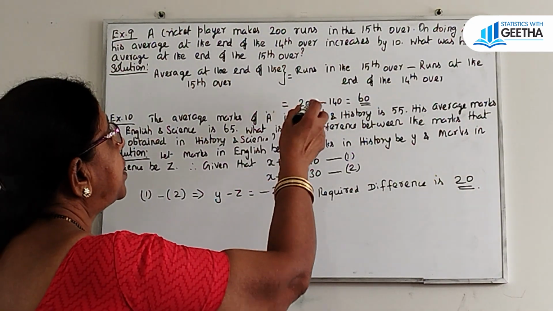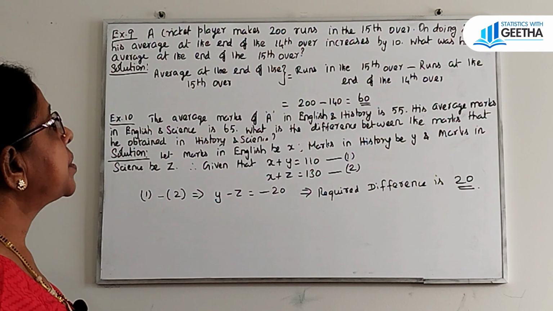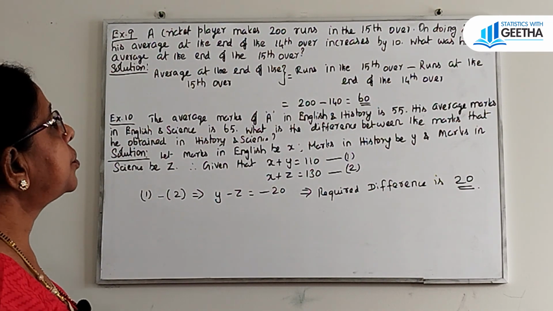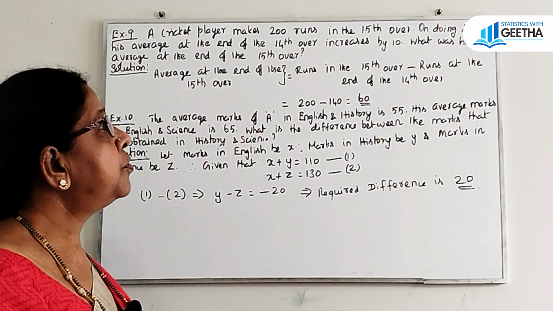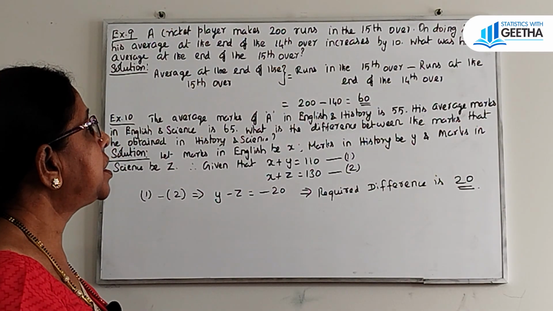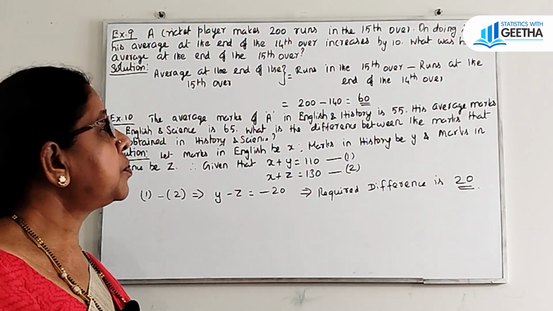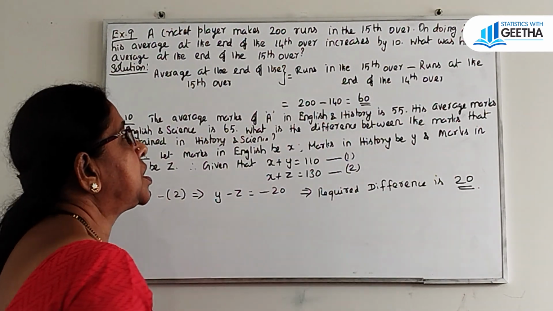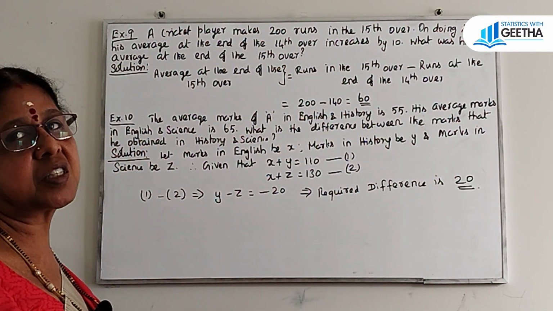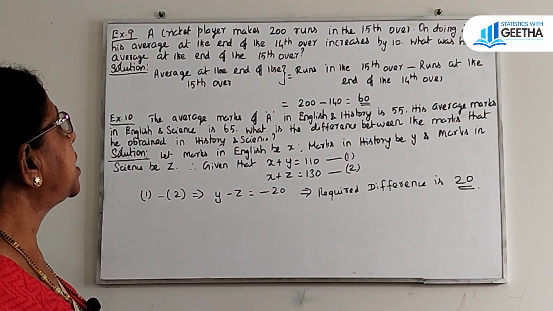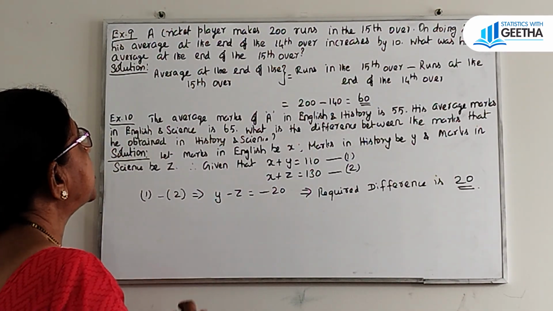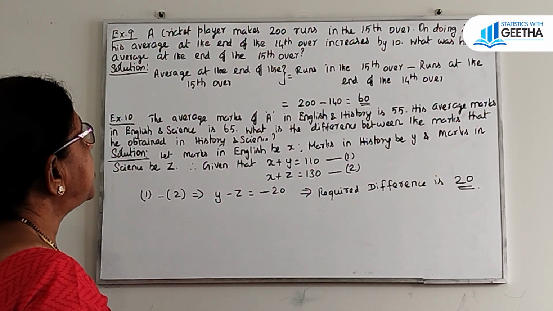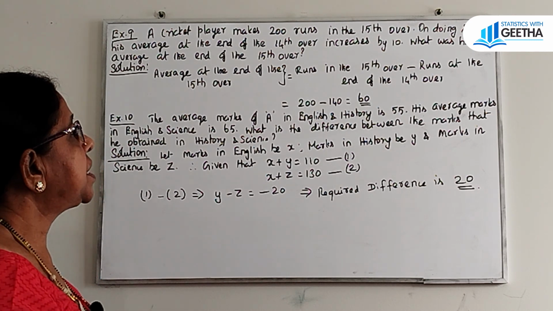So runs in the 15th over 200 minus at the end of the 14th over அந்த runs என்ன ஆகுது, increases by 10-ங்கிறாங்க, 14th over, அப்போ 14 into 10 that is 140. So the difference between the two is nothing but the required runs, that is 60. Therefore average at the end of the 15th over is 60.